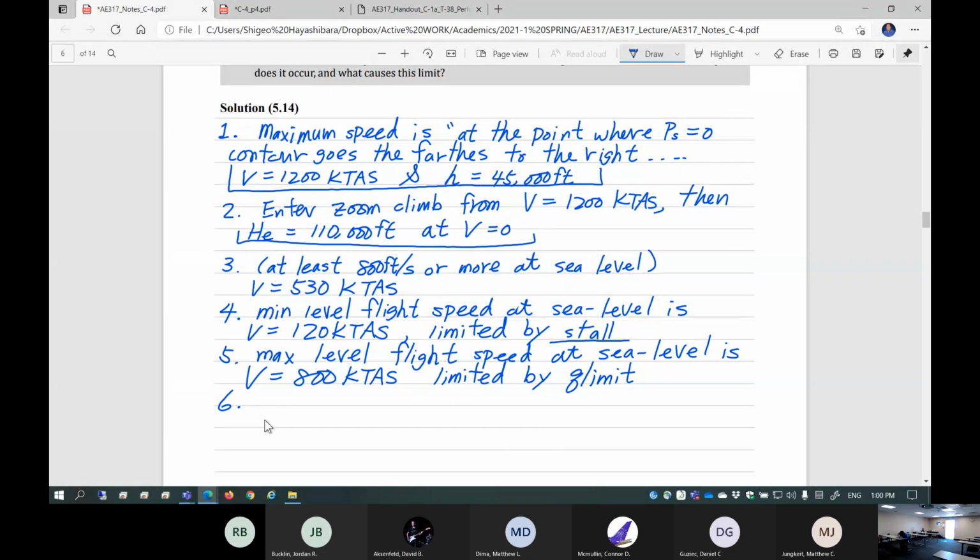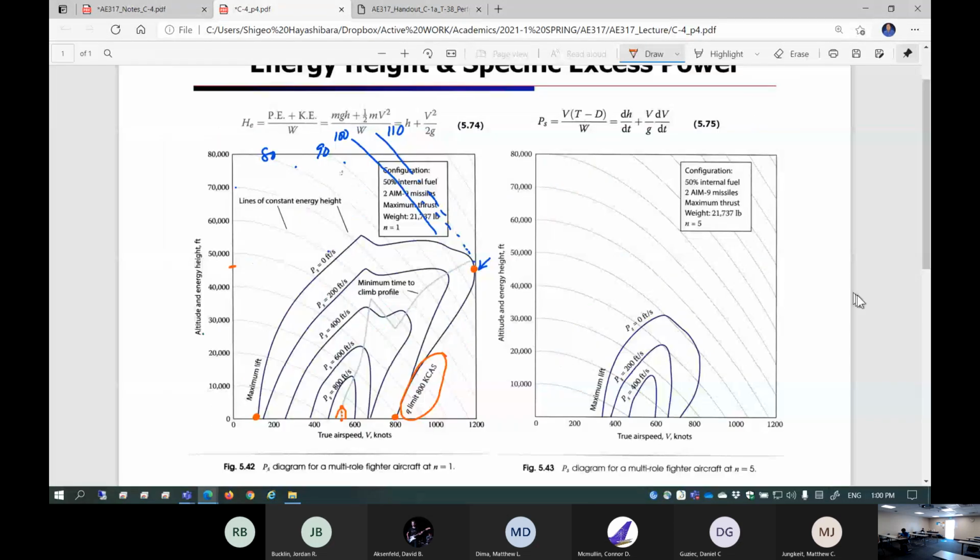Question number 6: what is the maximum altitude at which this aircraft can sustain a 5G turn, and at what speed does it occur? So where do you look now? You're looking at this plot, because this is the 5G turn plot.